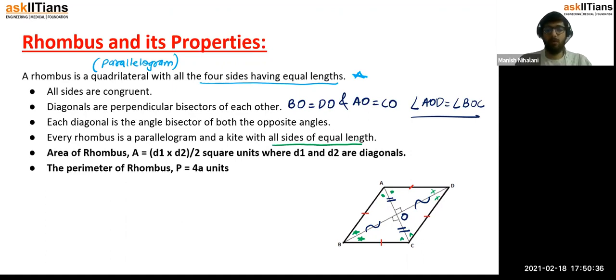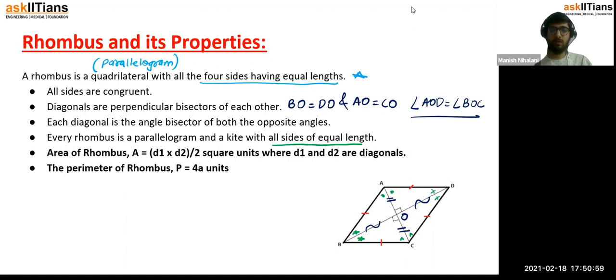Secondly, this is a very important formula, that is area of a rhombus is half into d1 into d2. This can be derived just by dividing the rhombus into two equal triangles. Area of one triangle is half into base into height. Area of the other triangle is also half into base into height. And then you just add them, right?